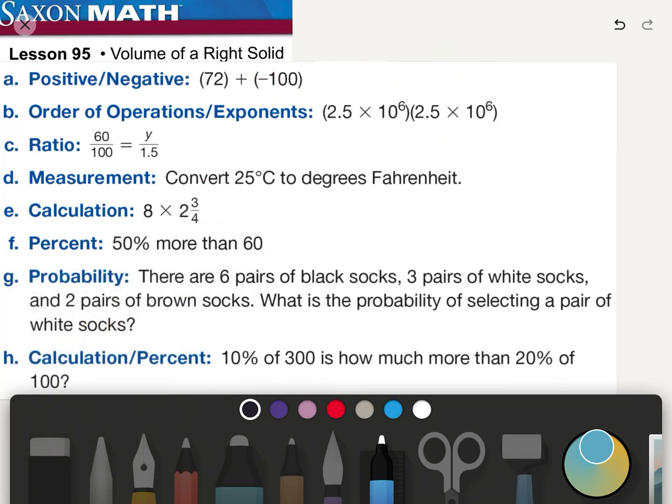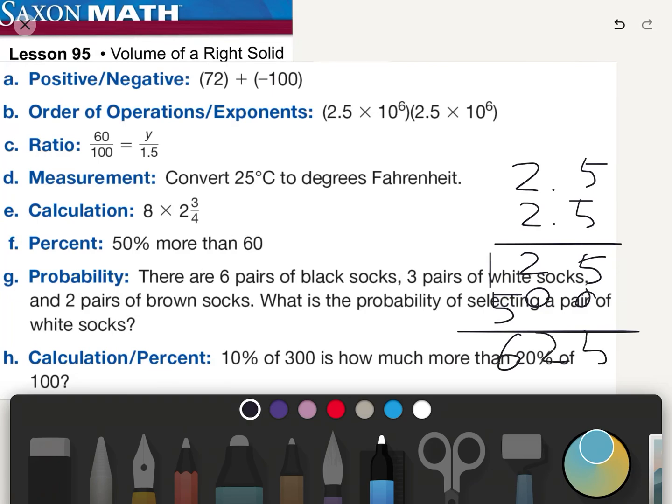Order of operations, exponents. Starting out with 2 5/10 times 2 5/10. Okay, and then looking here, we've got 2 digits behind a decimal point. So boinky, boinky, 1, 2.